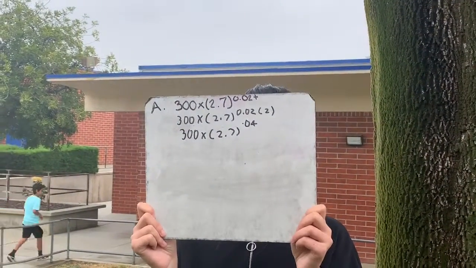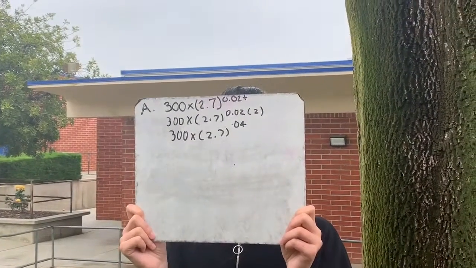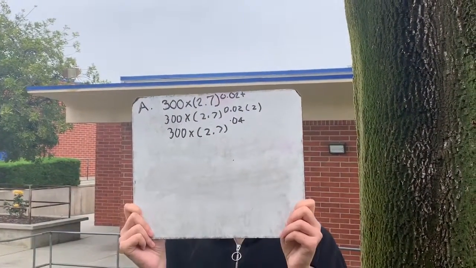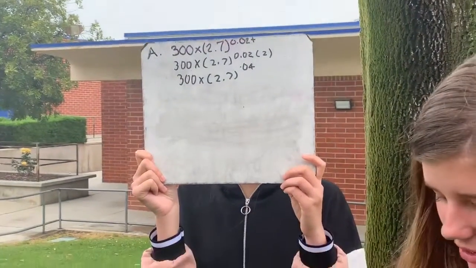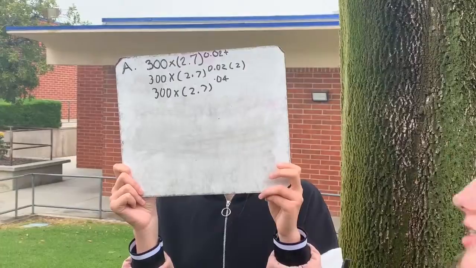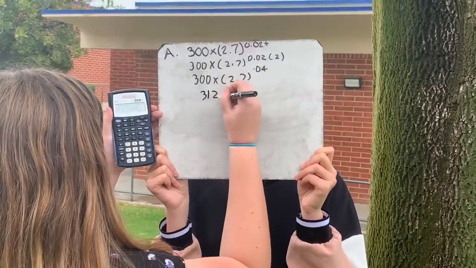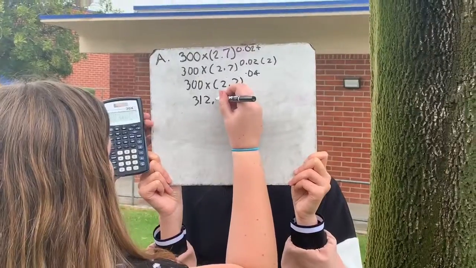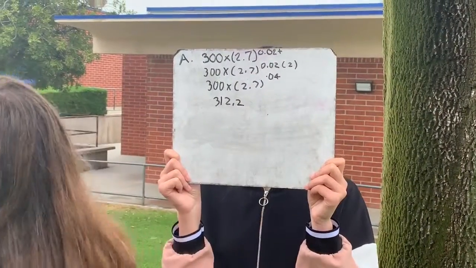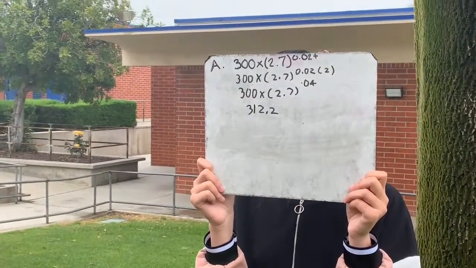So it will be 300 times 2.7 to the 0.04 power, which will give you our final answer of 312.2. Round it to the nearest tenth. And then we have to go to part B.